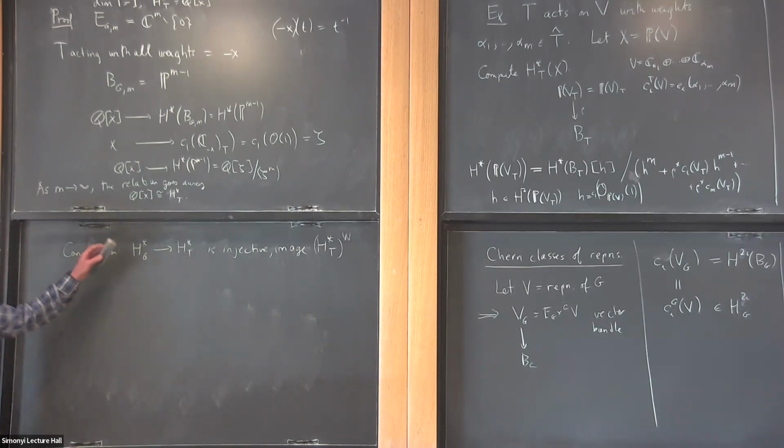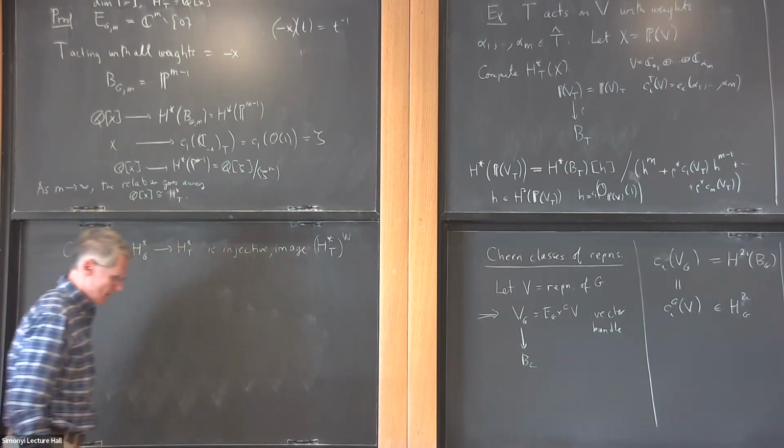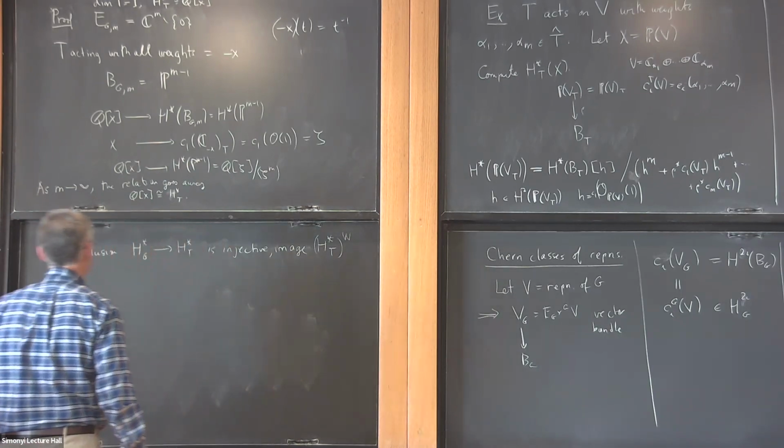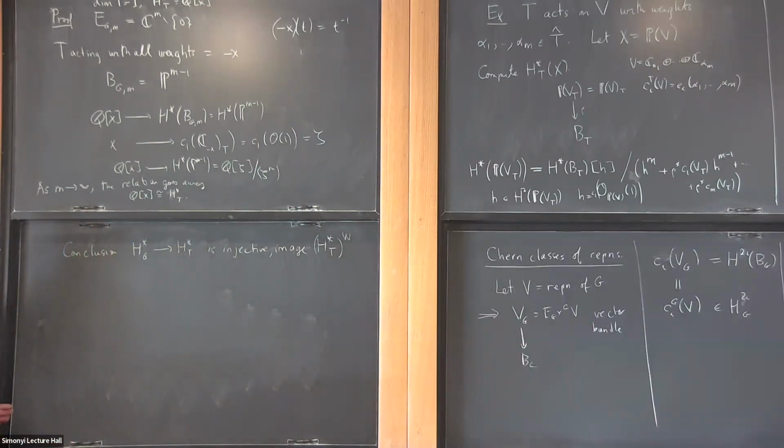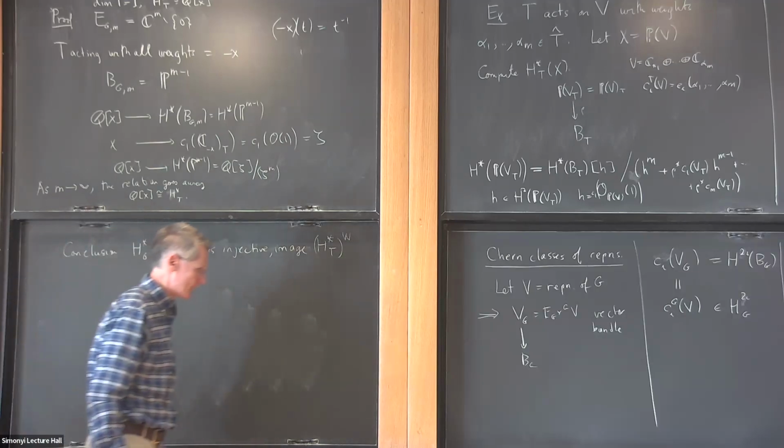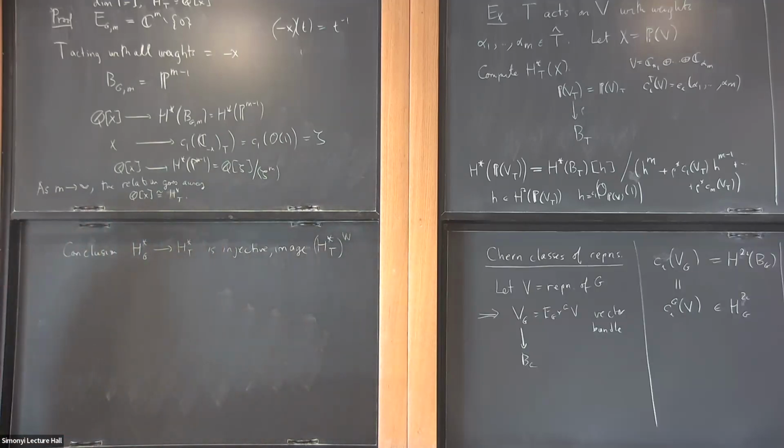So certainly if you do Chow rings, these things can have torsion. That's why, for safety reasons, I wanted to put in Q, to avoid being forced to answer questions like that, which I would be unable to.